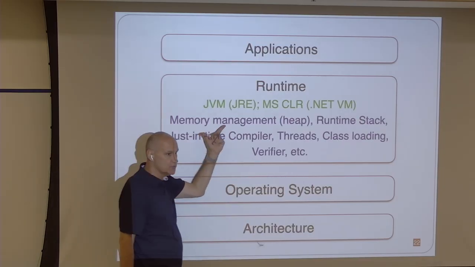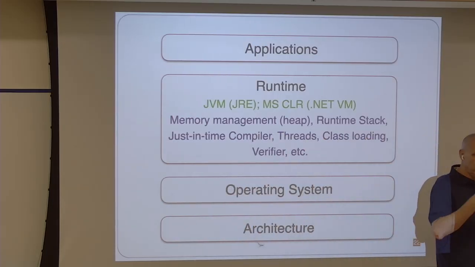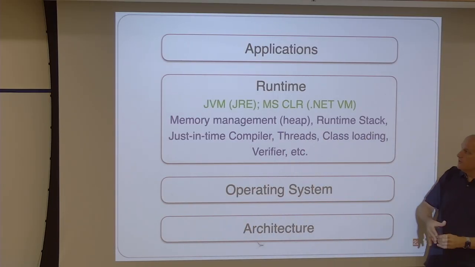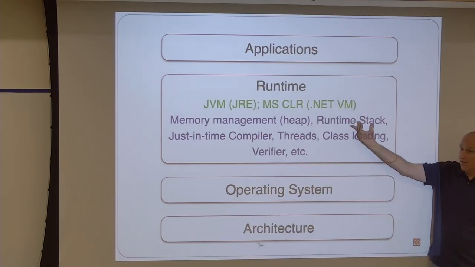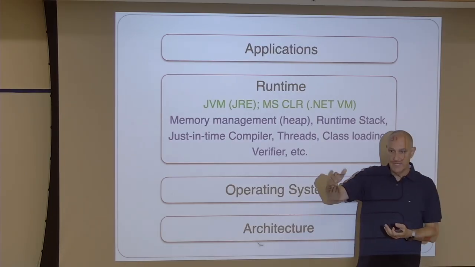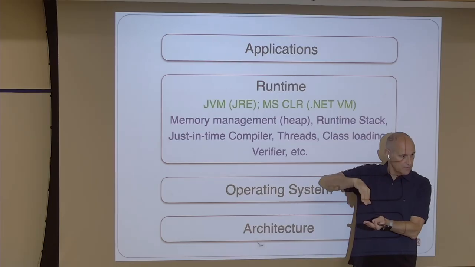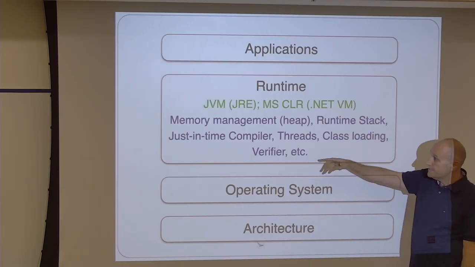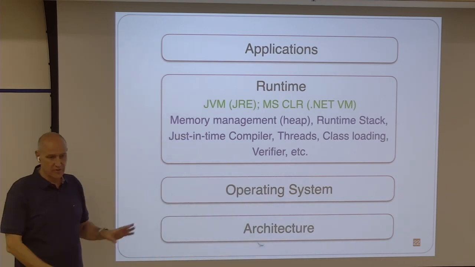It does memory management. So if you run malloc in your program or you do new for an object, this will be served by the runtime, by the memory manager. And you have a runtime stack where, if you go into a method, it will put a frame into the runtime stack and all the variables can be stored there. It has a just-in-time compiler, which probably you haven't heard before.